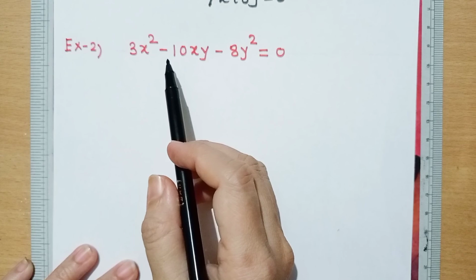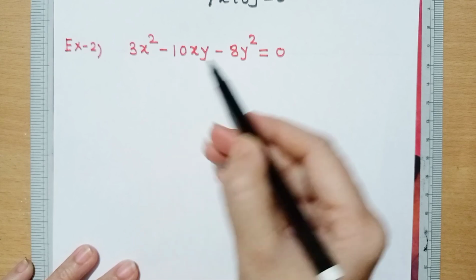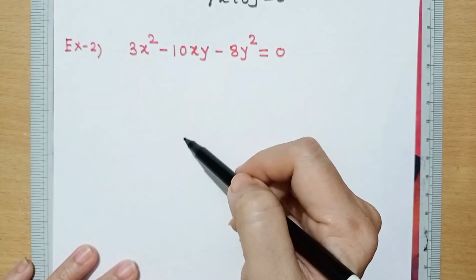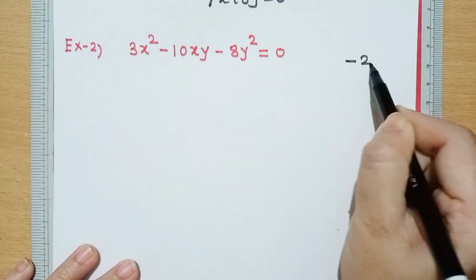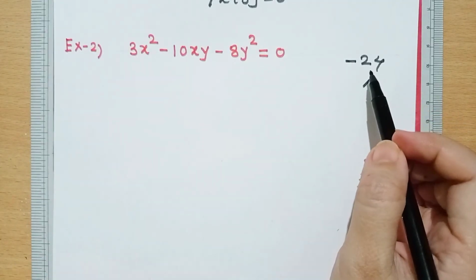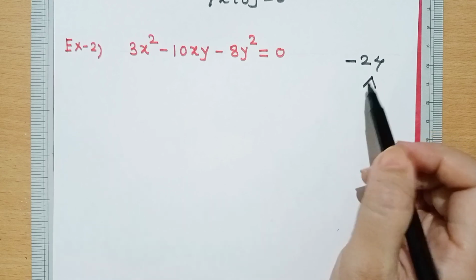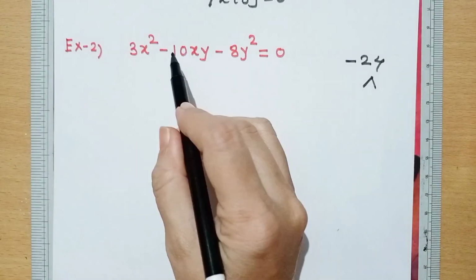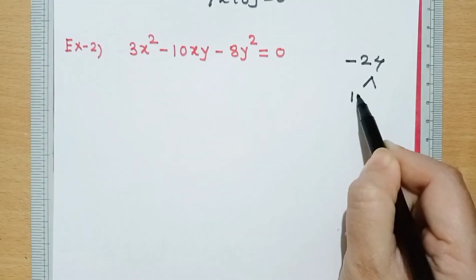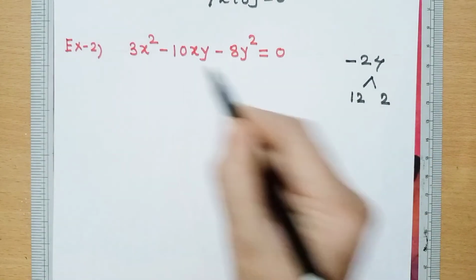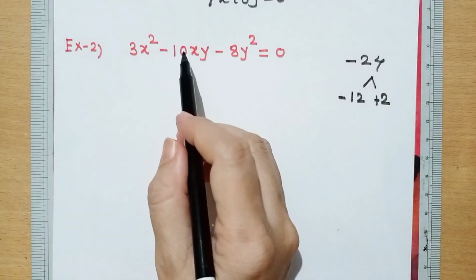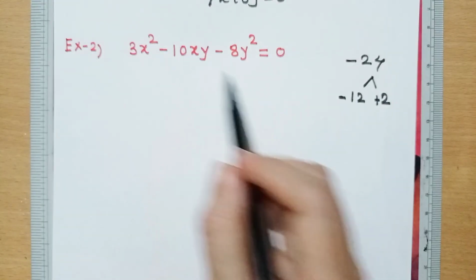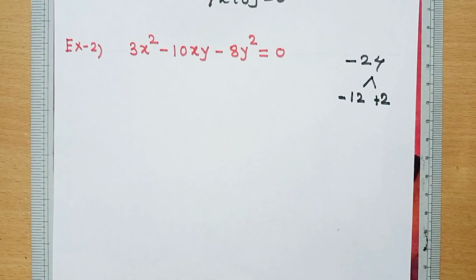This is our second example, and here also we will factorize this into two linear equations. Now here 8 3s are, so minus 24, and factors of minus 24 are, now check, the addition must be minus 10, so 12 2s are, the middle sign must be minus, and here plus. Now split this minus 10xy like this.